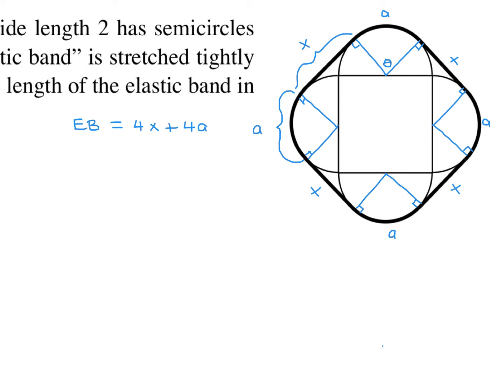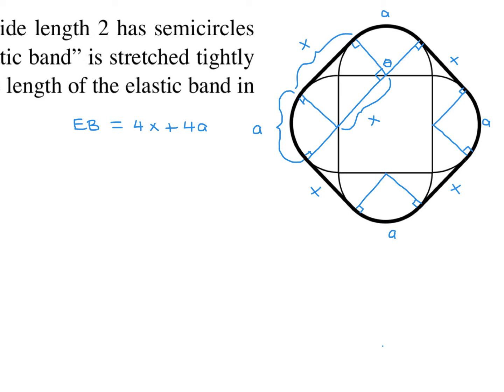Well, one thing that will help me is if I extend this line like that, because this segment here is the same as x, and therefore this is a right angle.